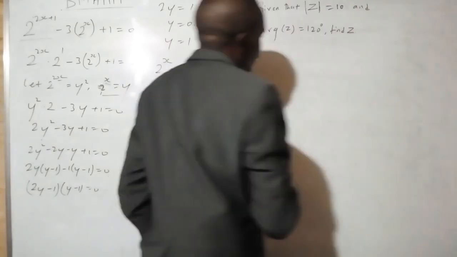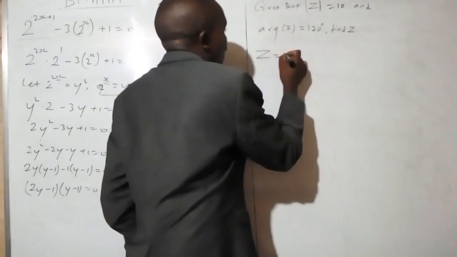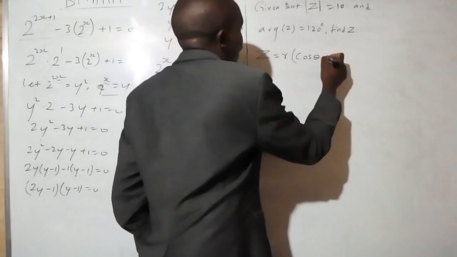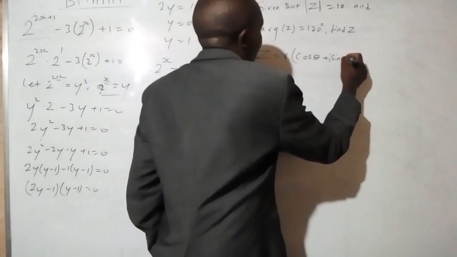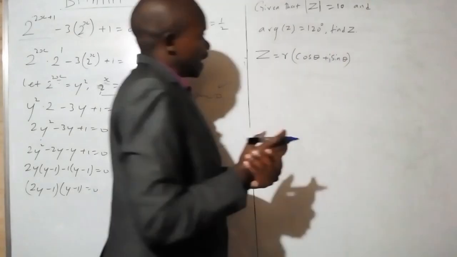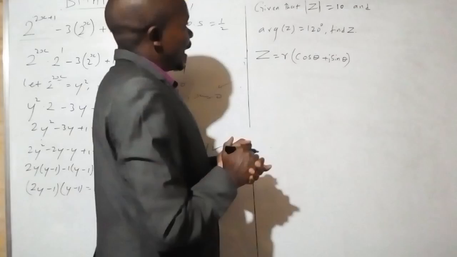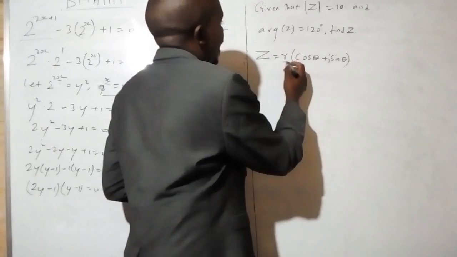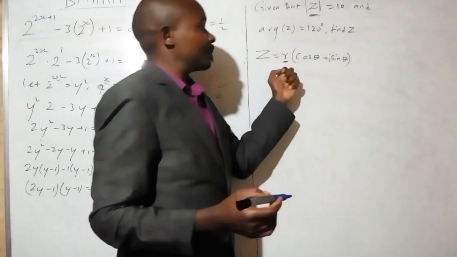We are going to use this: z is equal to r(cos theta plus j sine theta). This will be our r, because r is the modulus or magnitude.